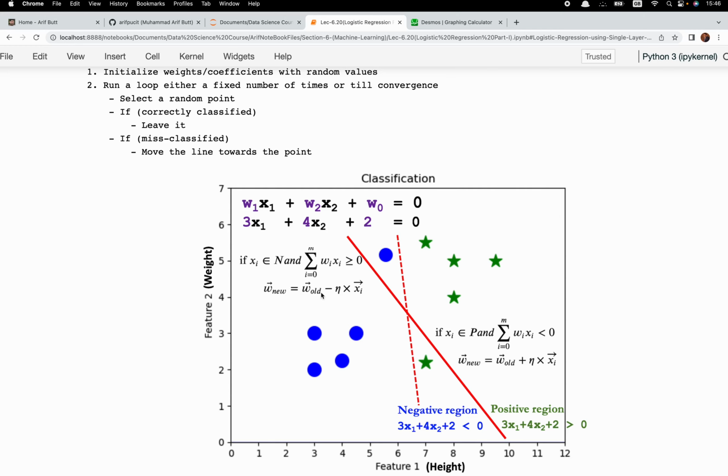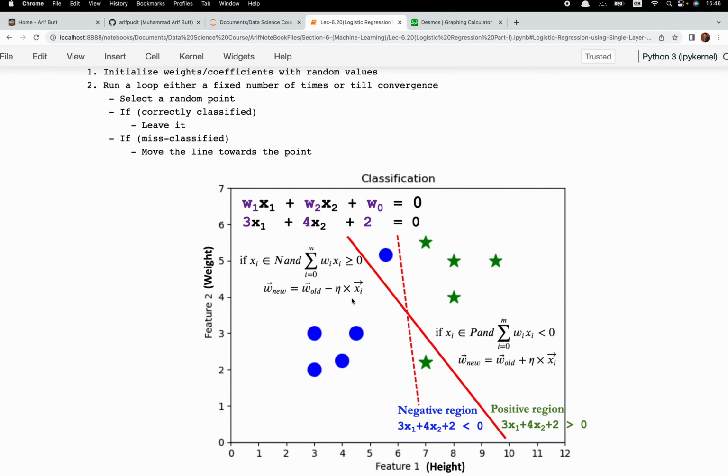And this symbol eta is actually the learning rate. That is, instead of subtracting the feature vector as such, we multiply the feature vector with the learning rate and then subtract. My dear students, remember in machine learning we never apply large transformations.